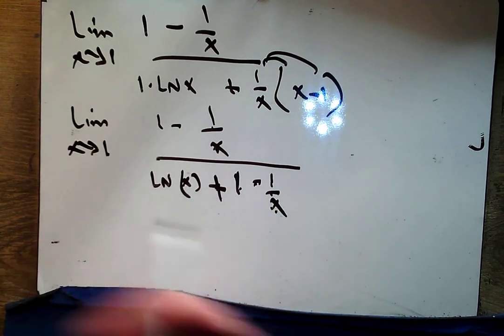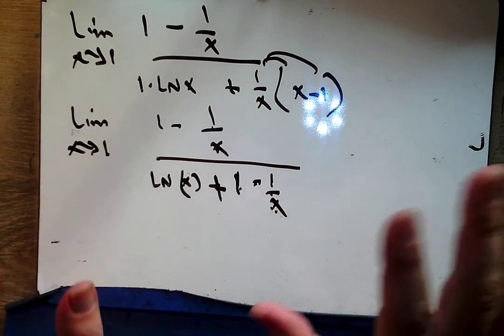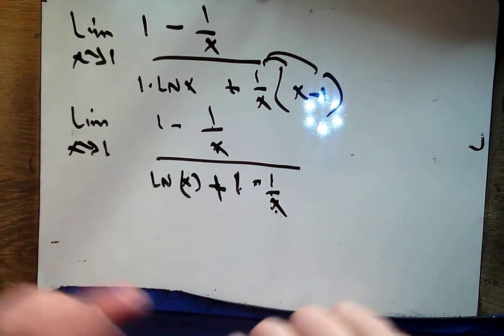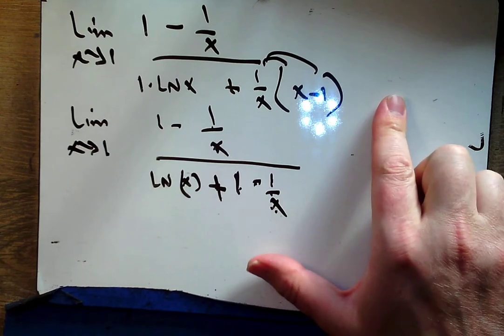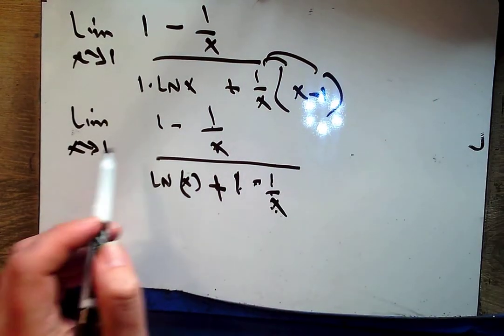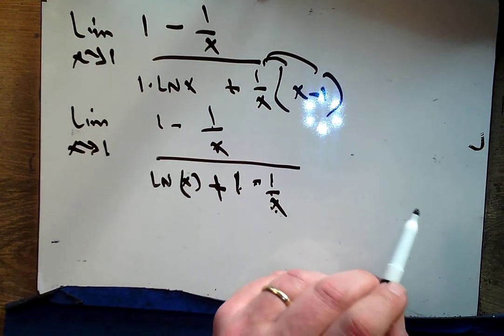So this looks like a situation now where instead of having two separate things, I've got that one thing. I used L'Hopital's rule. So I think I'm going to do it again.